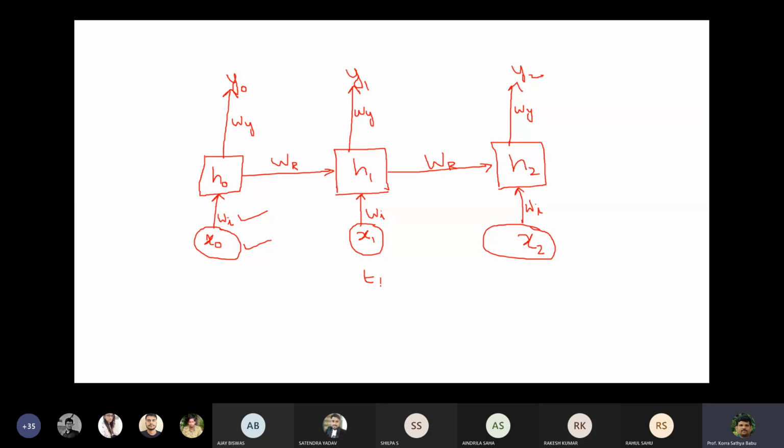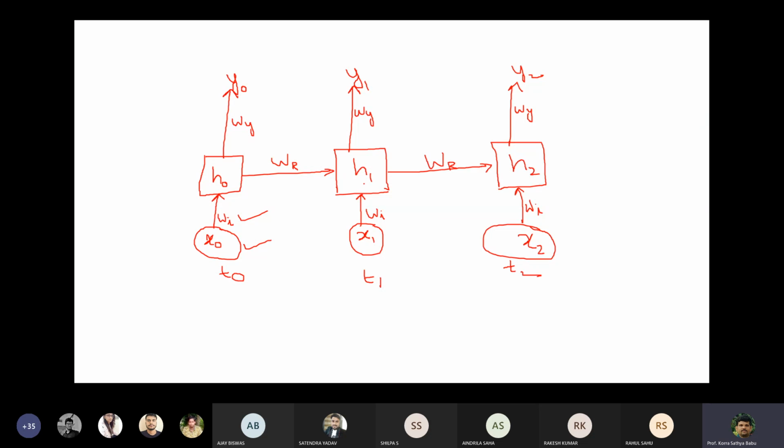At time t naught, at time t1, and time t2. At time t1, what it does: x1 is the input, and it is multiplied by Wi, and not only this value, but it also adds the value of Wr in the process of forming this h1.